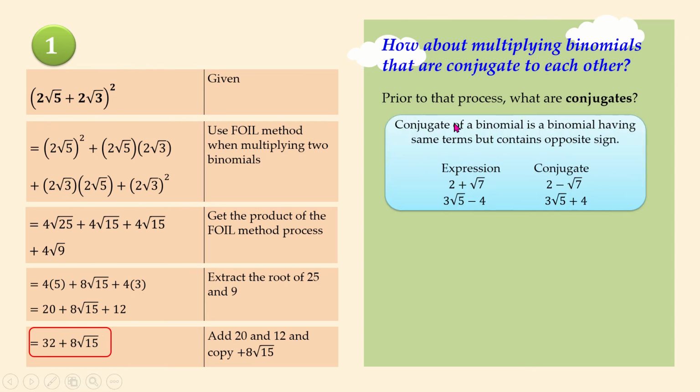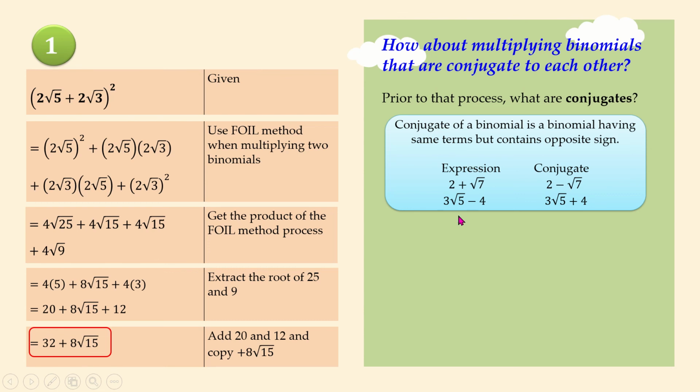The conjugate of a binomial is a binomial having the same terms but containing the opposite sign. If the given expression is 2 plus square root of 7, its conjugate is 2 minus square root of 7.